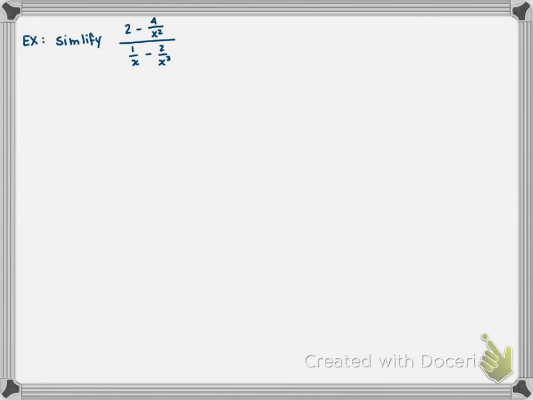So we start by getting common denominators. I'm just going to do this really quick because we just did them. And if you prefer to do the entire numerator first and then the entire denominator, that's totally fine.